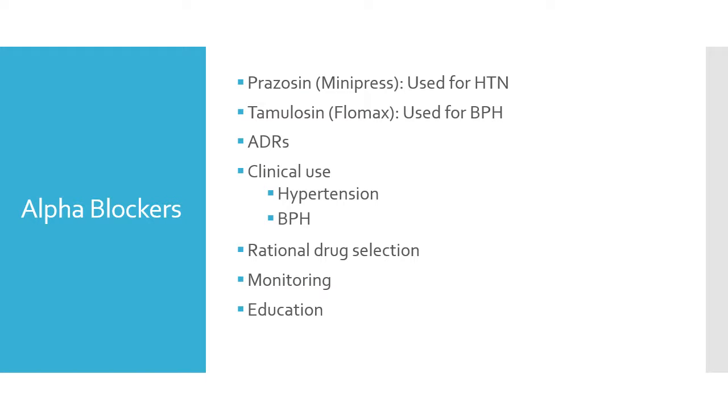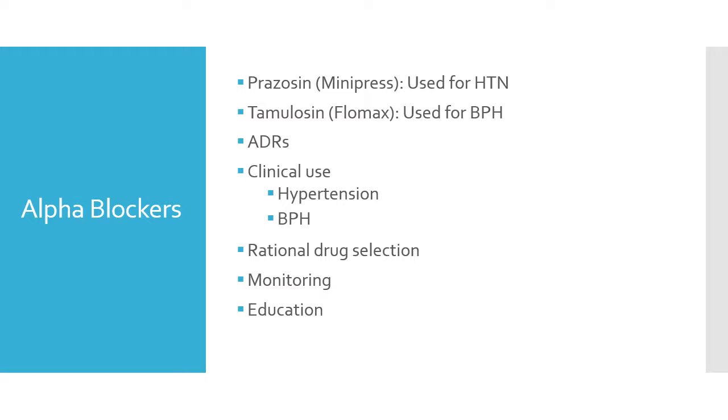So what are your classic alpha blockers? Your classic alpha blockers or selective alpha antagonists are more widely used for decreasing blood pressure. They do this by causing vasodilation, and they are also used for BPH because they help to relieve outflow obstruction.